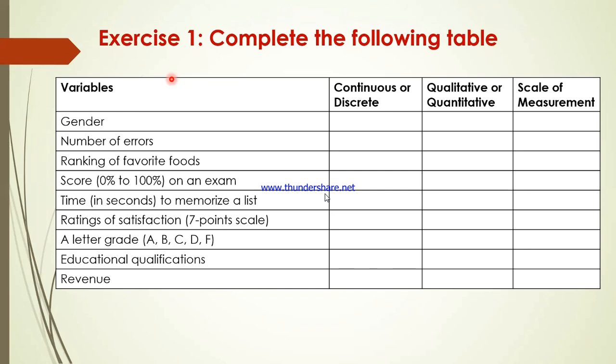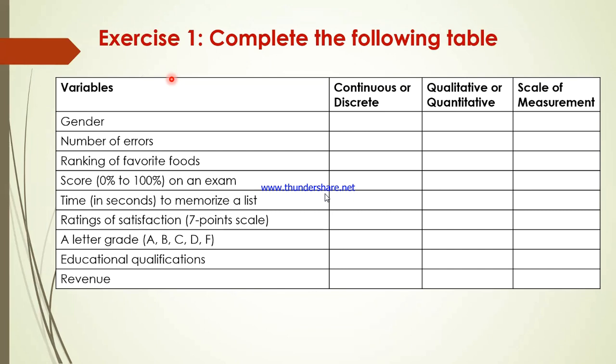Then scale of measurement. Here the ratio is meaningful, and there is also a true zero. 0% means all the things are wrong; that is fixed. If there is a meaningful zero in the measures, then the ratio definitely provides meaningful information. So we can say one student's performance is 2 times better than another student's, or 3 times better.